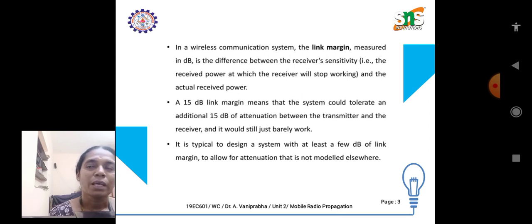That is, it can bear that much noise or loss encountered during the path of transmission, and it still works well. It is typical to design a system with at least a few dB of link margin to allow for attenuation that is not modeled elsewhere. It is very difficult to design a system with minimum link margin.